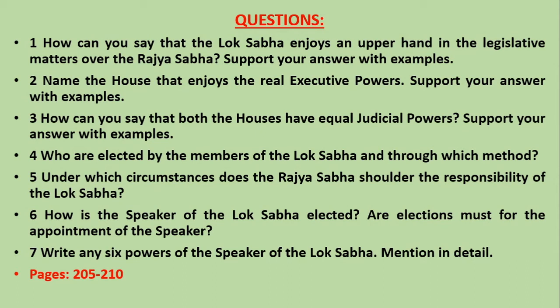This is to be done separately. So this is the power which is enjoyed by both the houses equally. I have given you an example also about one judge of the High Court of Kolkata, who was to be impeached. This impeachment procedure was passed in Rajya Sabha. You will write about this also in detail.